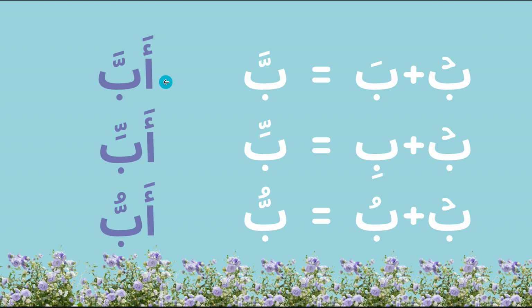So I don't leave the exit of the letter because they both have the same exit. The Ba sukoon and the Ba fatha, they both have the same exit, the same makhraj, the same articulation point.